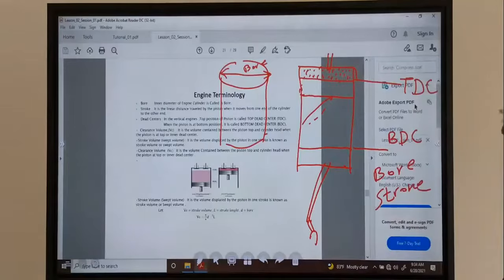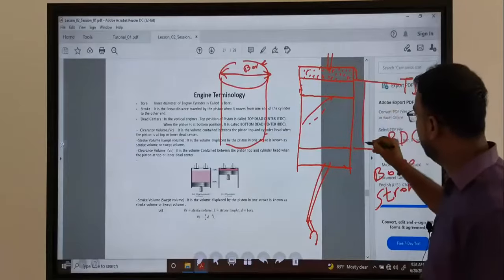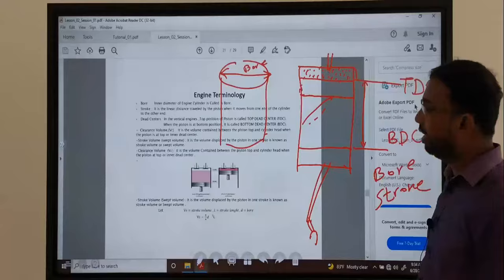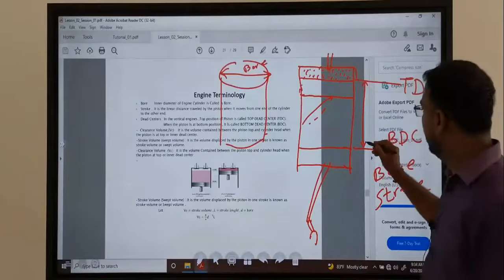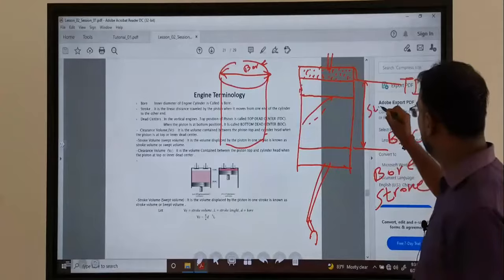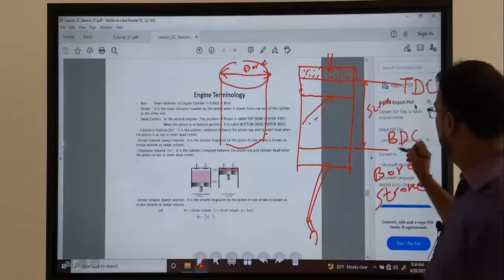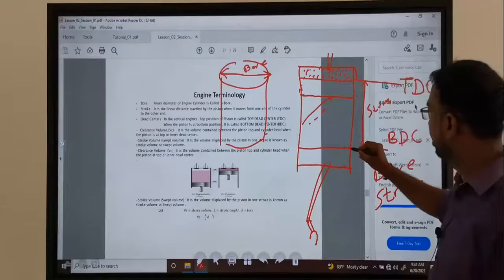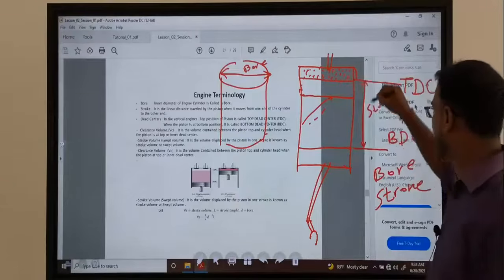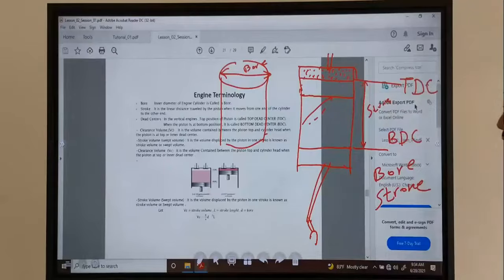What is stroke? Stroke means the distance the piston moves in any stroke, such as compression. Between BDC and TDC, the piston moves from this point to this point. That length is the stroke.